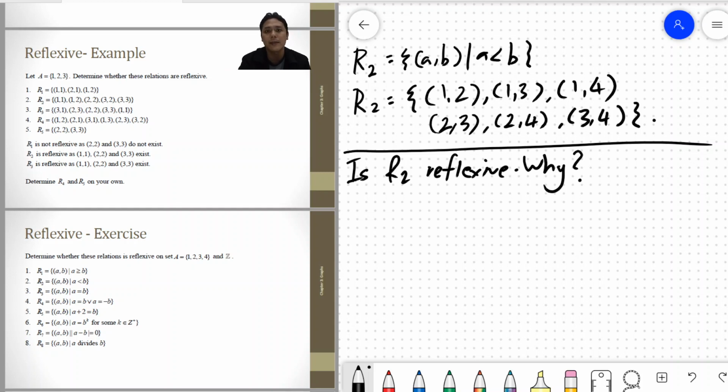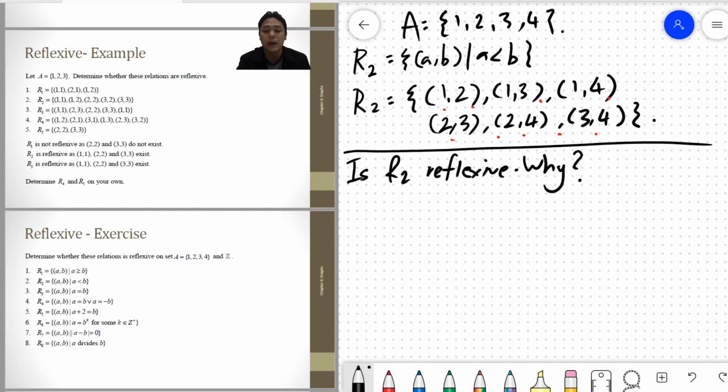Remember, based on the previous definition, our idea is that if A equals to 1, 2, 3, 4, we should have (1, 1), (2, 2), (3, 3), and also (4, 4). And based on this solution, there are no such ordered pairs.